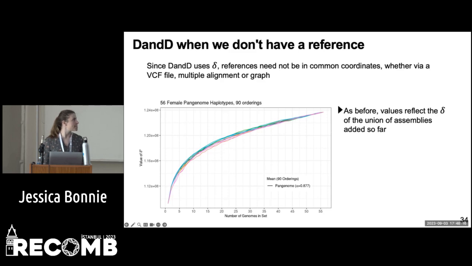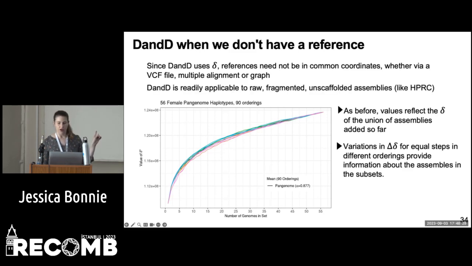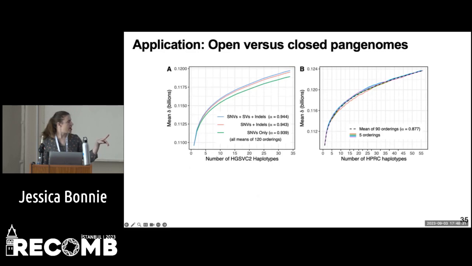On the left, you may recognize the mean deltas across variant types that we were just looking at in the HGSVC. On the right, we see a plot of HPRC data, the human pangenome deltas, with 5 different orderings displayed.